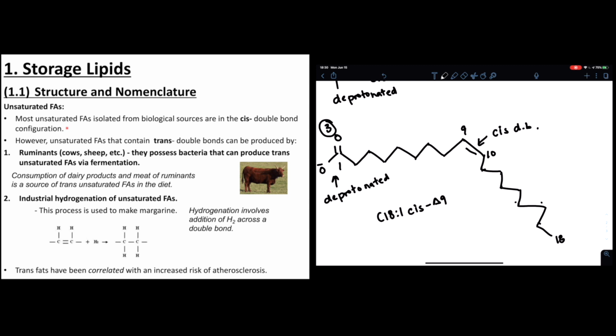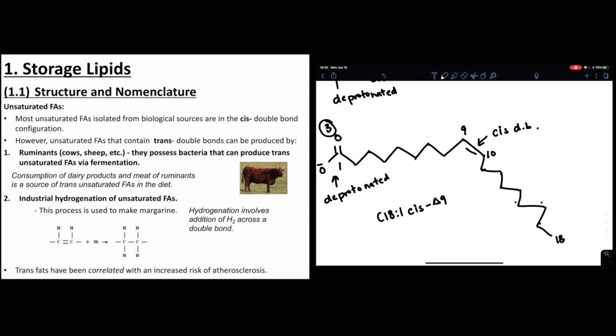So relatively speaking, trans double bonds are rare in nature. But we can get trans double bonds from different animals and an industrial process that's called hydrogenation. So ruminants, for example, like cows or sheep, in their gut, they possess bacteria that can produce trans unsaturated fatty acids through the process of fermentation.